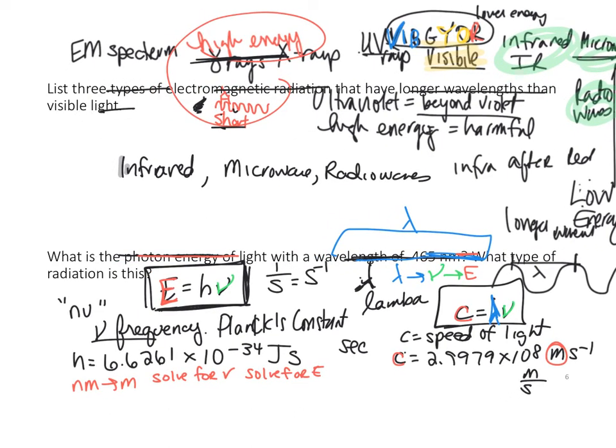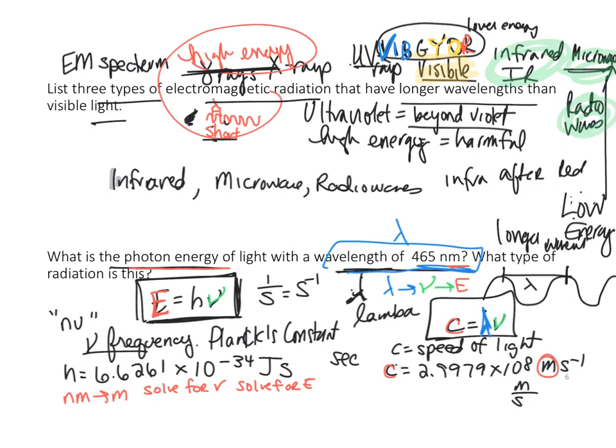Okay, so let's do just that. To go from 465 nanometers, you put nanometer on the bottom and you go to meter. You know that there are 9 zeros in a nanometer for 1 meter.